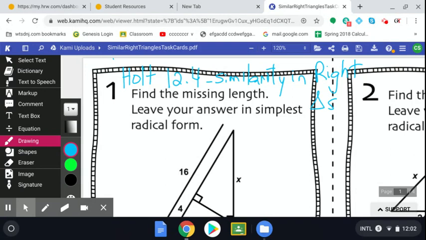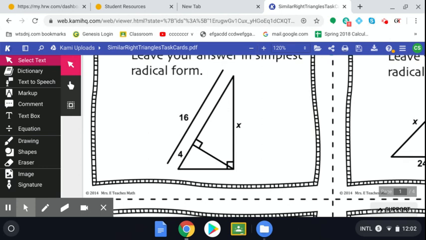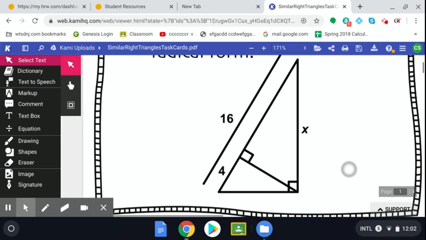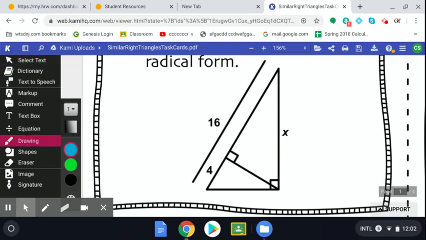It says, find the missing length, leave your answer in simplest radical form. So when I look at this picture, what I see here is a triangle that is outside. I actually see 3 triangles, okay? So I have the outside triangle, which is this one.